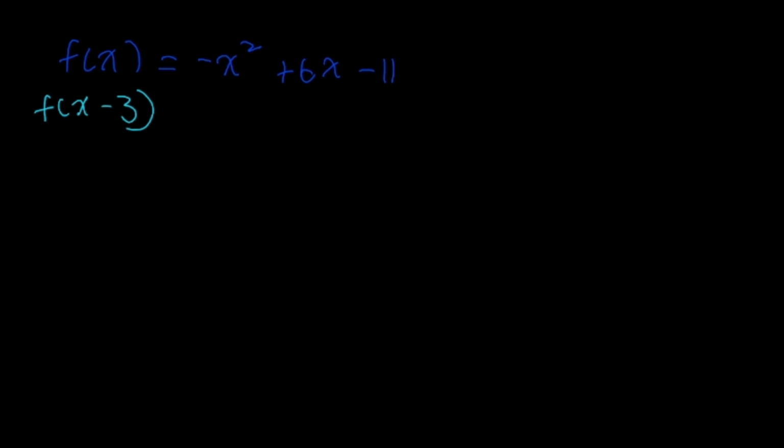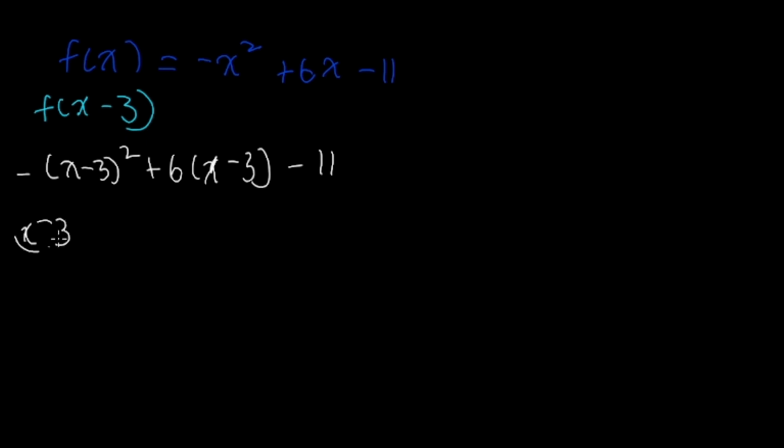So this is what we will do. Now that becomes negative x minus 3 squared plus 6 into negative x minus 3. Not negative x only, into x minus 3, minus 11.